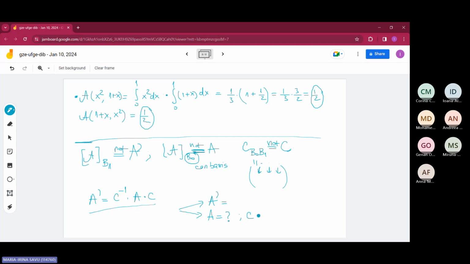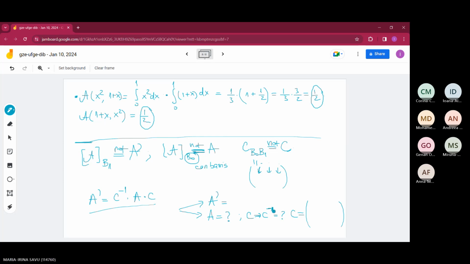And then if you want to find this matrix A prime, you have to compute C to the power -1. So if you know C, you have to find C to the power -1 and to make this multiplication. How does the matrix C look in this case? It's a symmetric matrix.